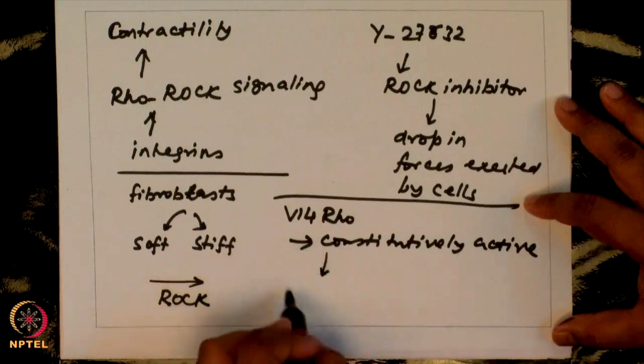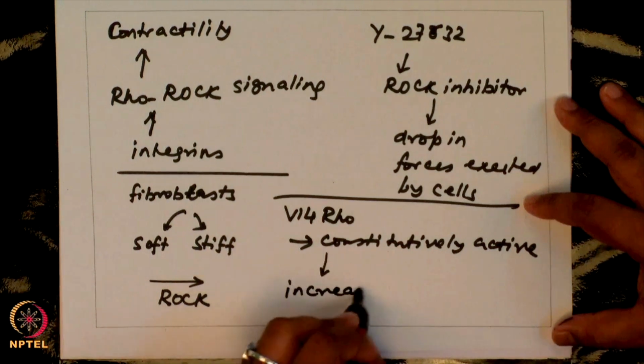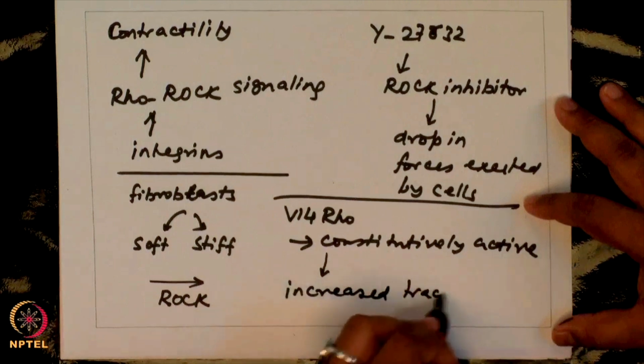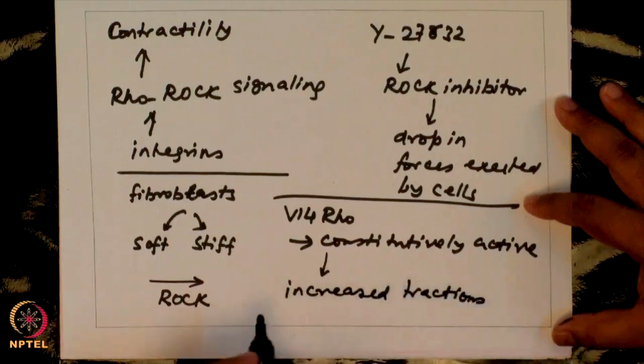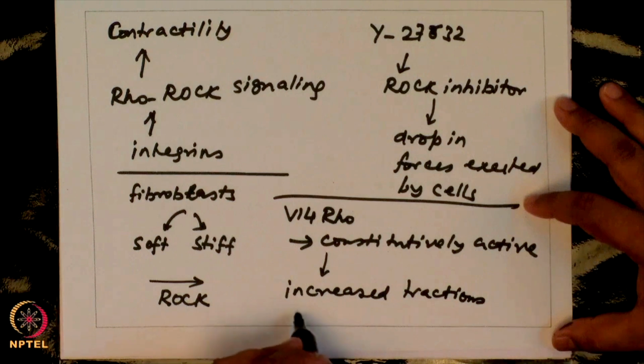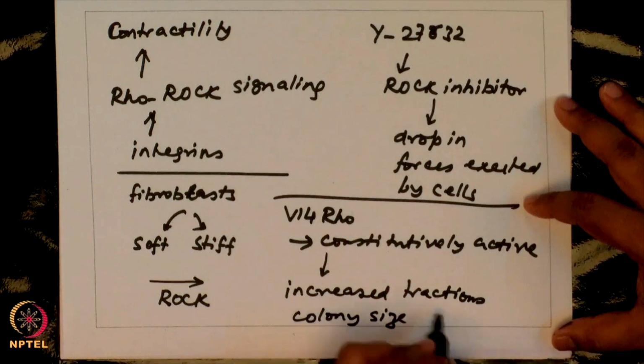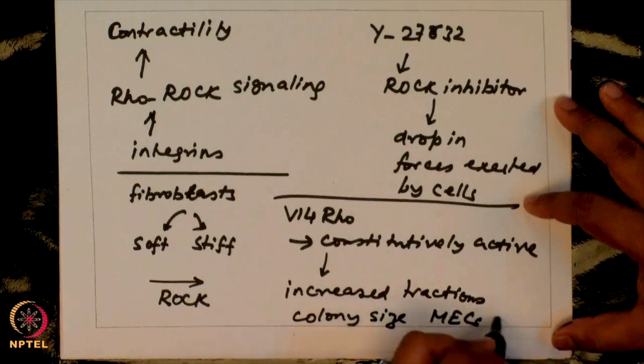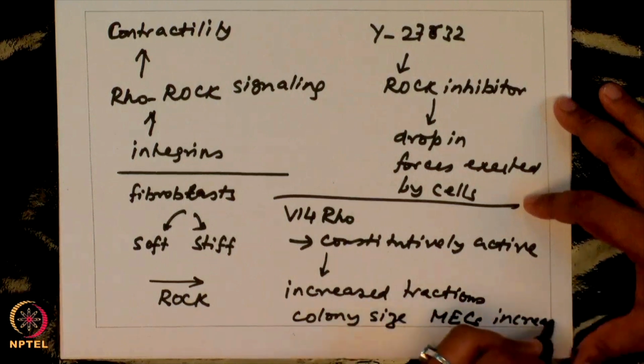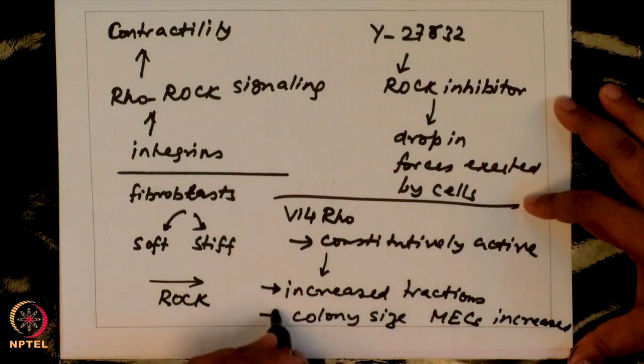This led to increased tractions and increased adhesions. Your colony size of the mammary epithelial cells also increased. Both of these increased. And all of this could be inhibited.